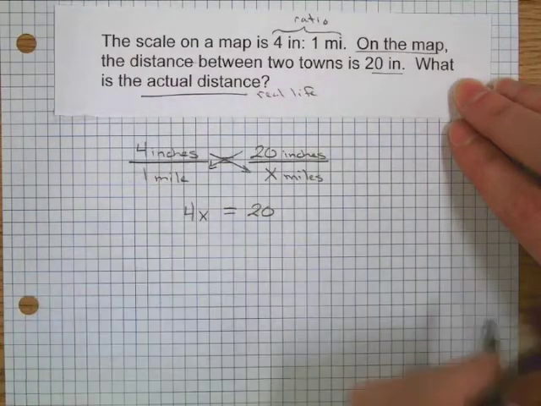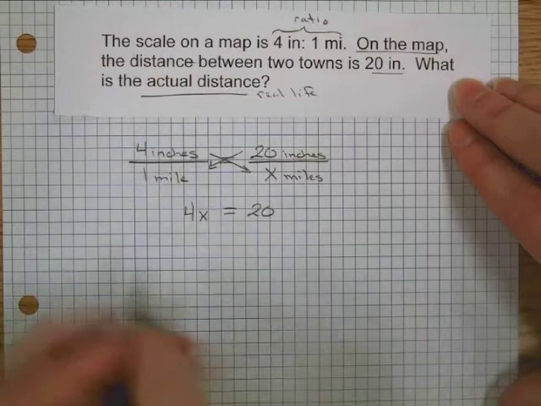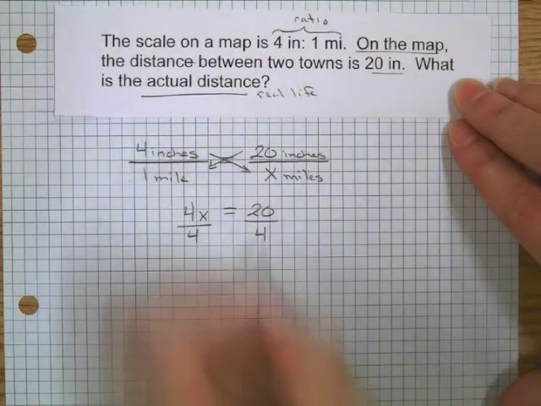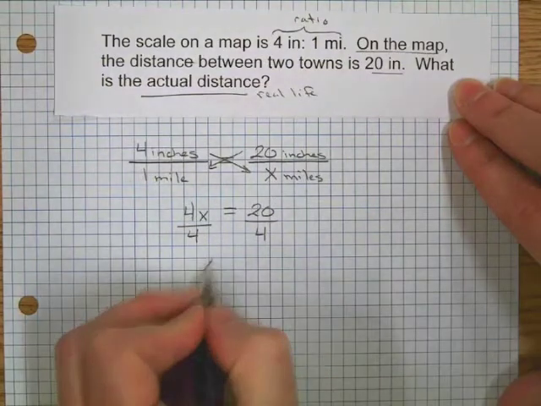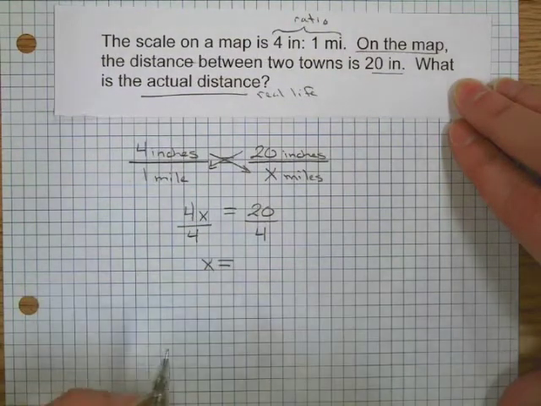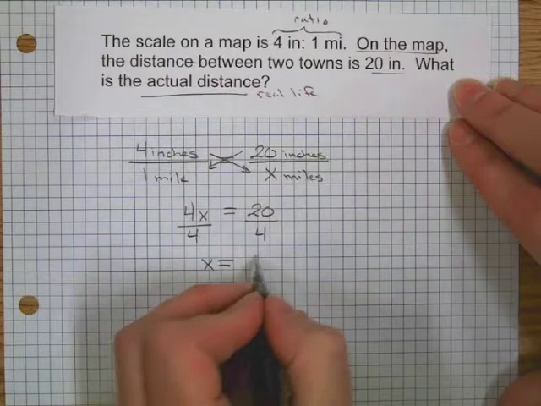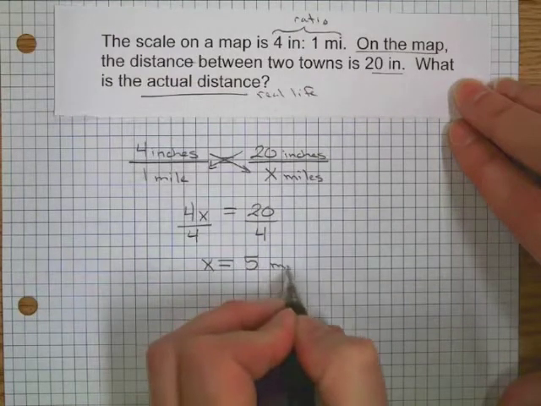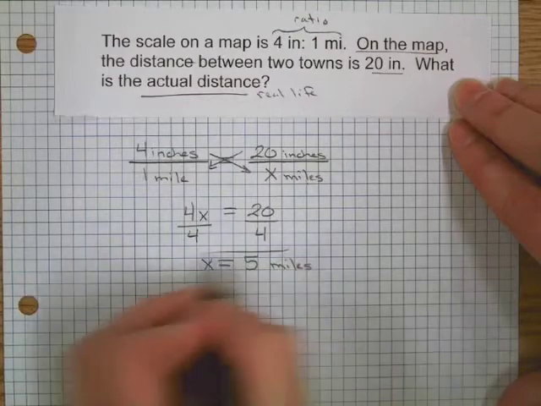So 4x equals 20. Well, we want to get x by itself, so I'm going to divide both sides by 4. And I end up with x being 20 divided by 4, which is 5. We're measuring in miles, so x equals 5 miles.